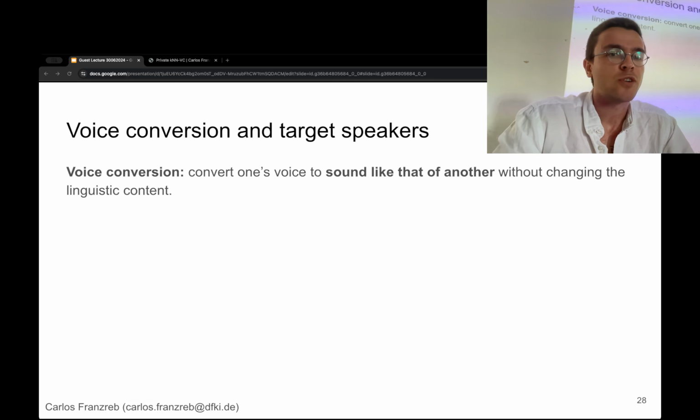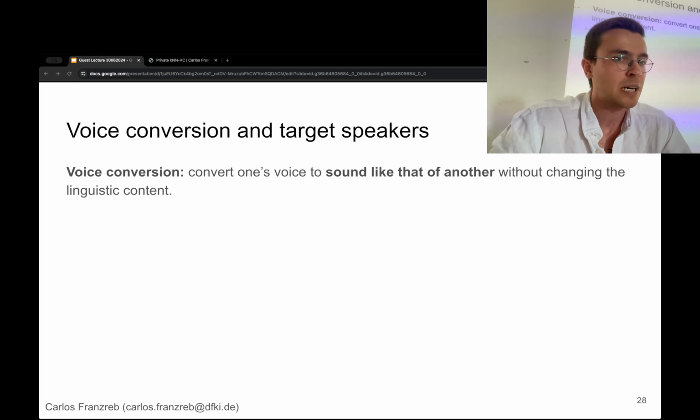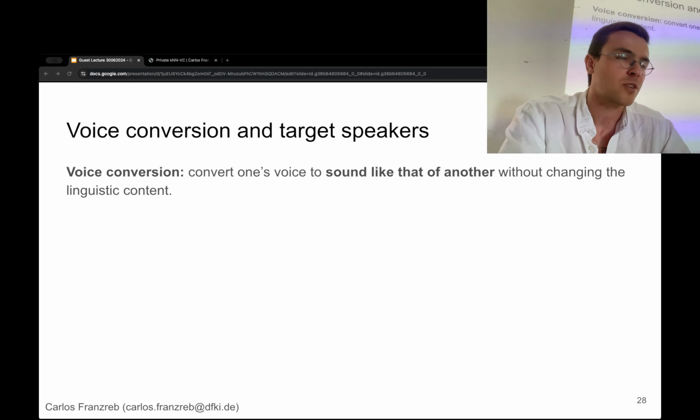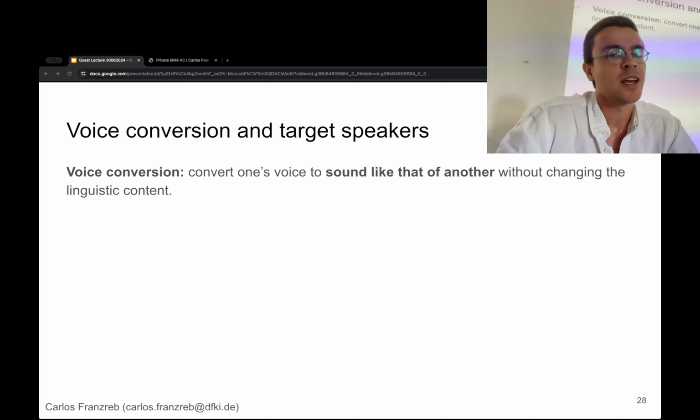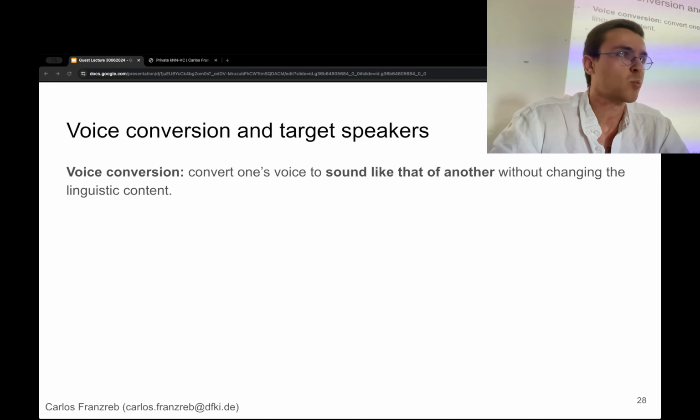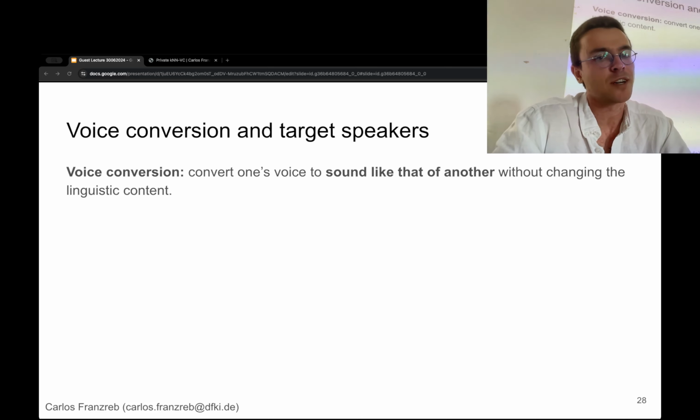Voice conversion and target speakers is a very important topic here. Voice conversion is another task within speech processing whose purpose is to convert one's voice to sound like that of another without changing the linguistic content.